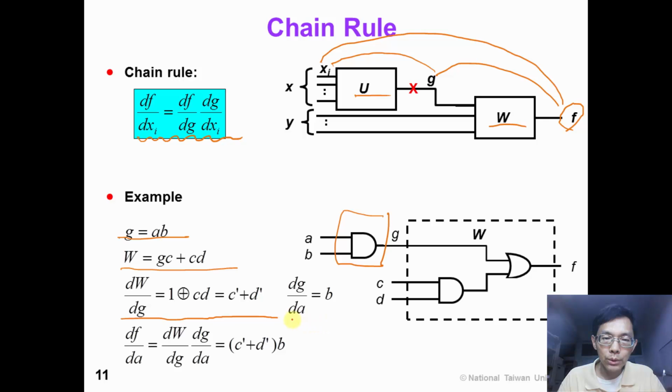And then we take the Boolean difference dG over dA, which is B. So dF dA is equal to dW dG times dG dA. So that would be (C prime plus D prime) times B.